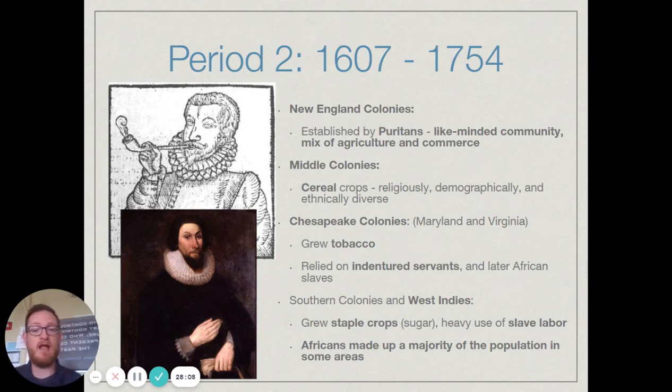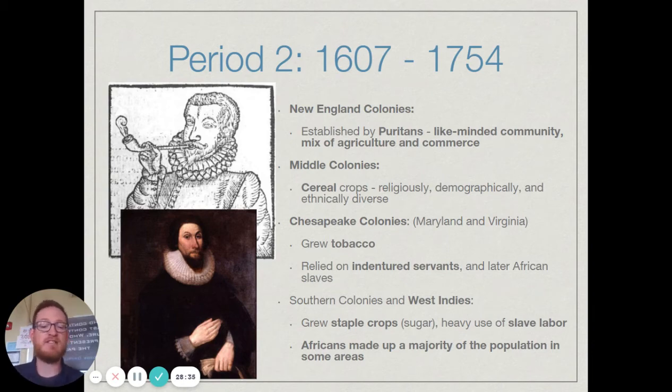This is also a reason why, later on down the road, the Chesapeake colonies didn't mind ending the slave trade once the United States is finally formed, because they had so many families of slaves there that would reproduce, and they didn't need that supply of slaves coming in like areas farther south did.